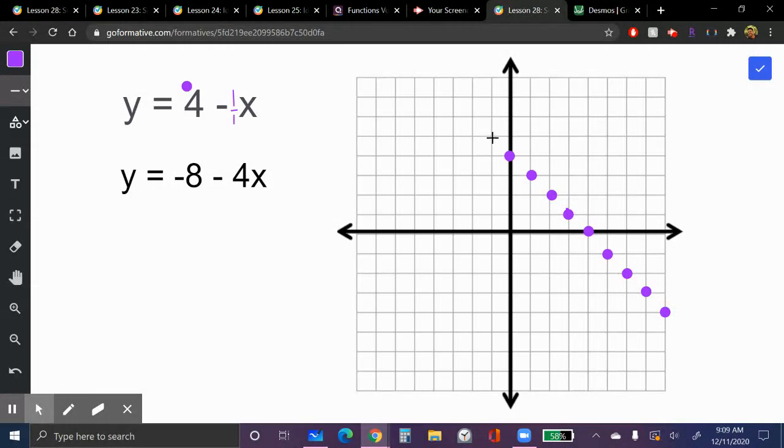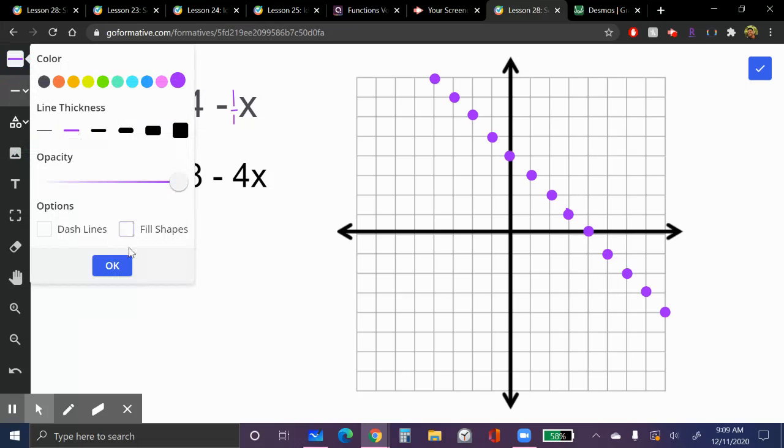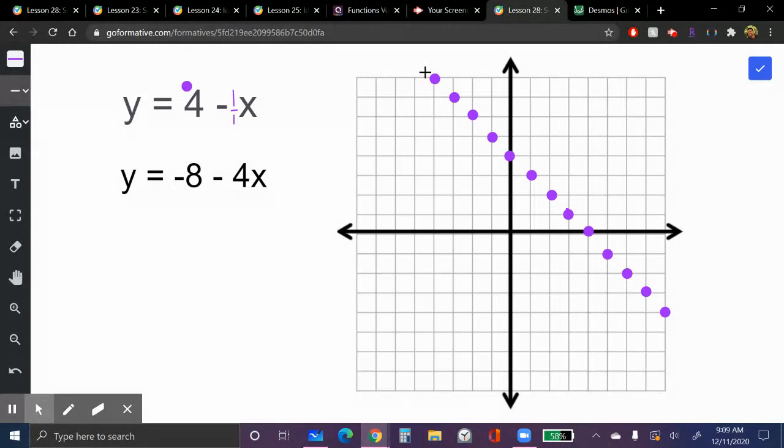And up 1, left 1. All the way through. Change the thickness of the line, so I connect all those points with one nice line. Make my arrowheads.